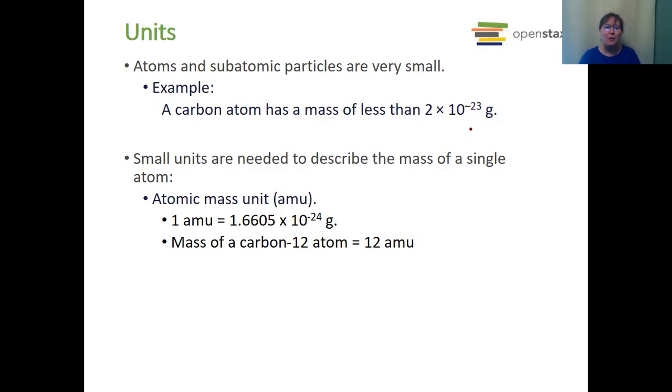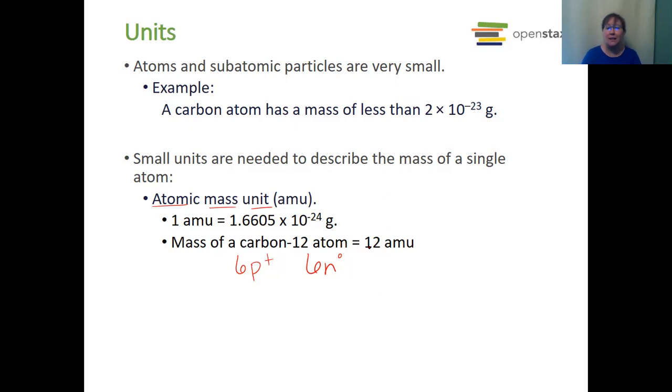So instead what we've done is we've said, okay, let's define something called the atomic mass unit, or the AMU. A carbon-12 atom, remember, has 6 protons and 6 neutrons. And there's carbon everywhere. It's really easy to get. And so we're going to base the atomic mass unit off of carbon. That's what the scientists said.